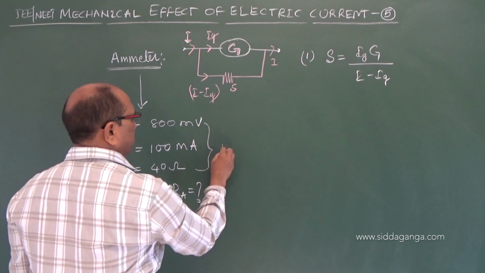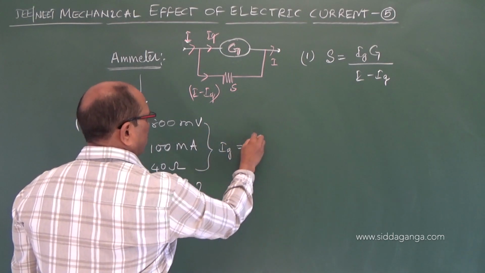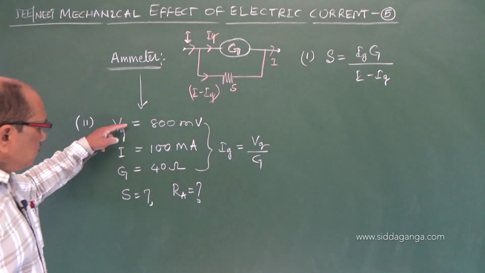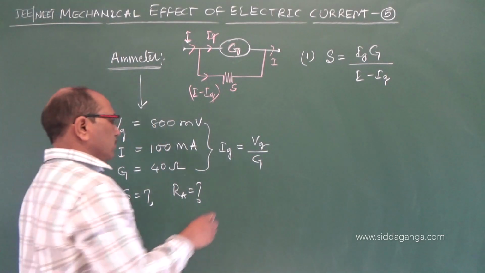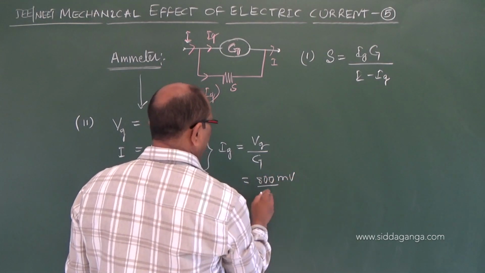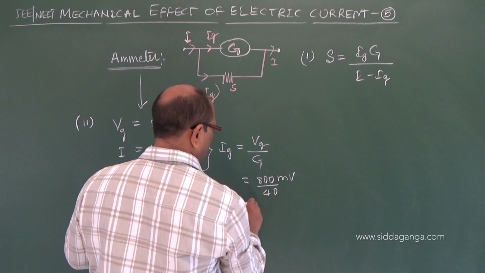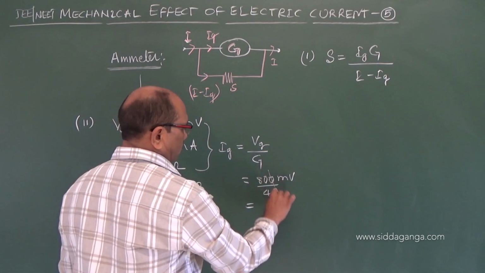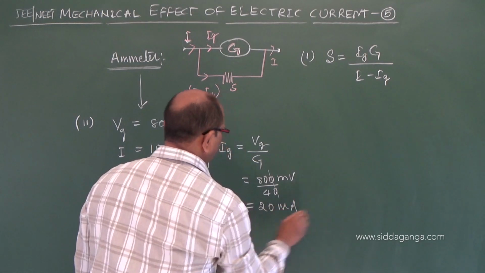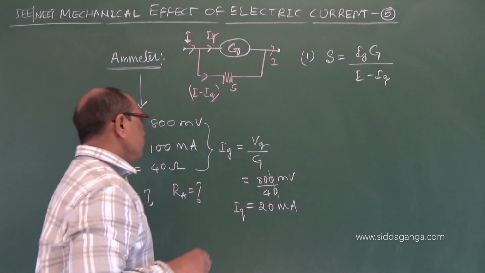Ig may be obtained from Vg by G. Vg is 800 millivolt divided by 40 ohm, which gives you 20 milliampere as the Ig.